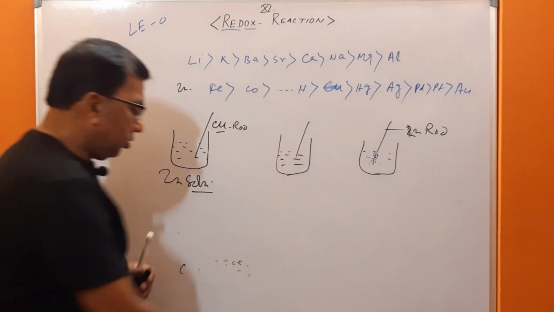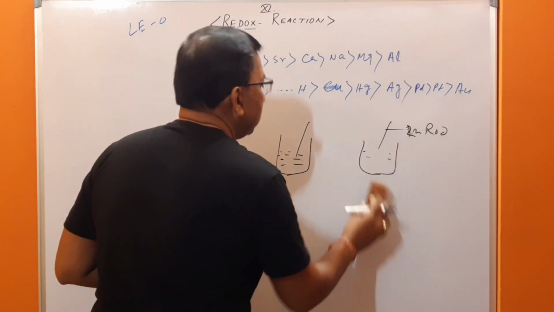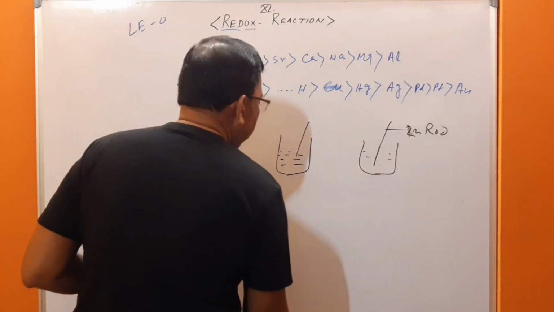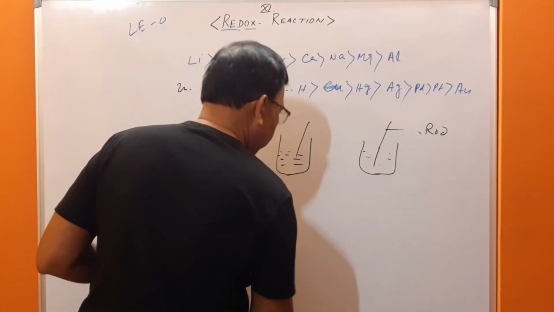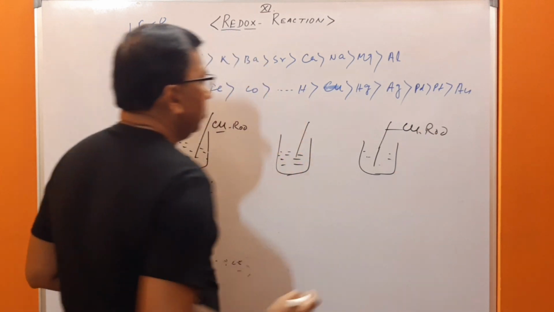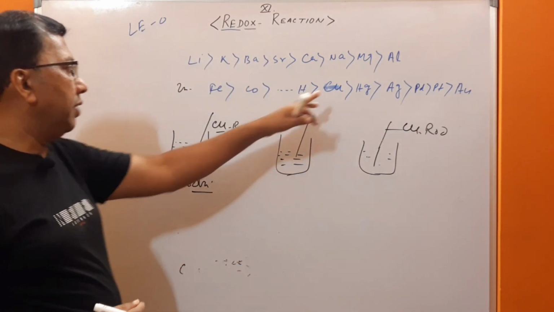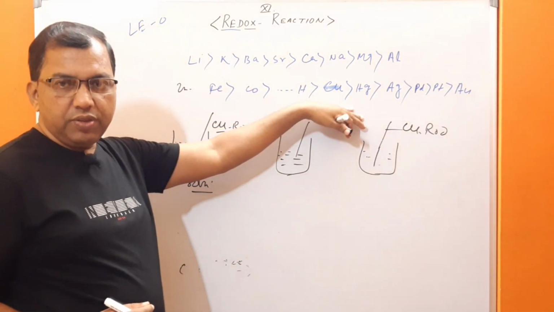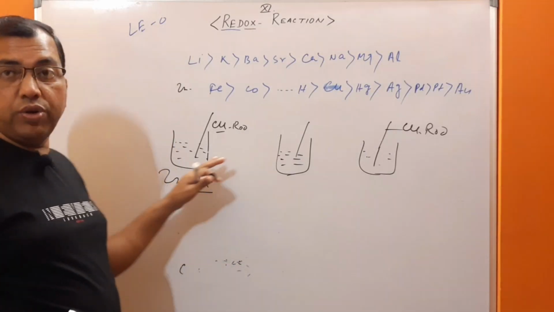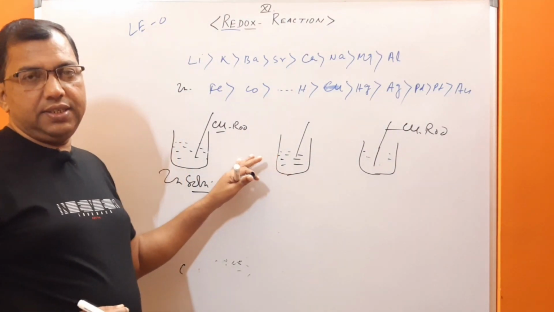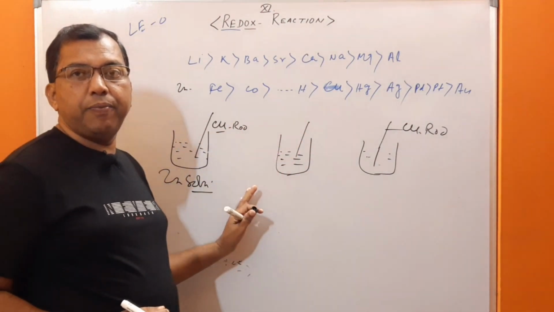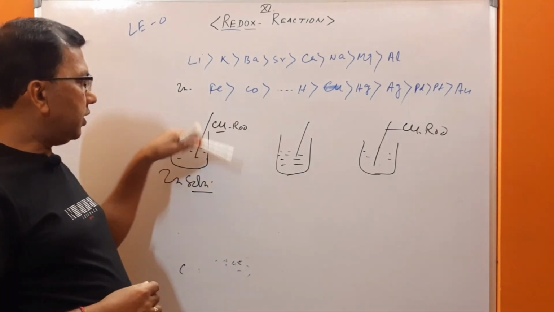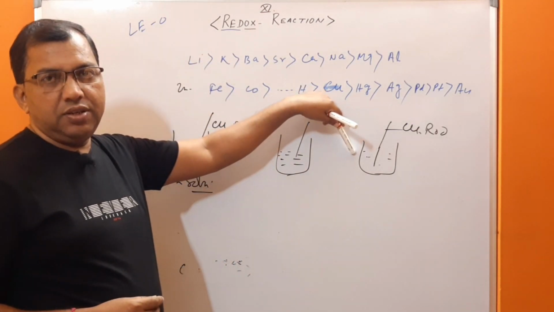Is there any change or not? This is the copper rod. Copper is in a lower position in the activity series than zinc, so there will be no reaction. Copper and zinc do not react, because of the metal activity series.